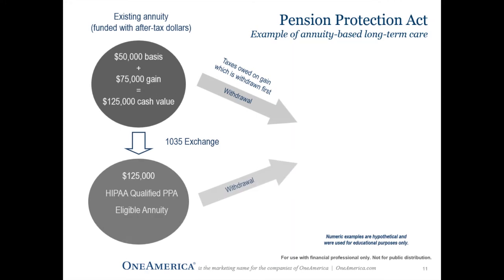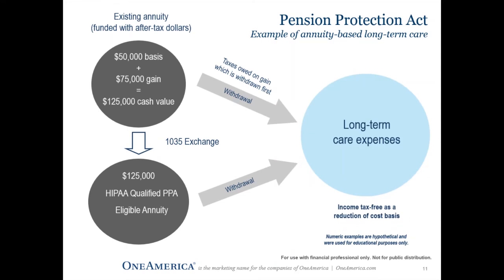Now, when we dig into it, we know that this is broken down to $50,000 in basis, $75,000 in gains. And you know how annuities are taxed. Last in, first out. It's going to be taxed at ordinary income tax rate, and that's going to be taxed for every purpose. Every distribution, taxed that way, whether it's for long-term care or taking a trip around the world or just paying utilities. We know how annuities are taxed.